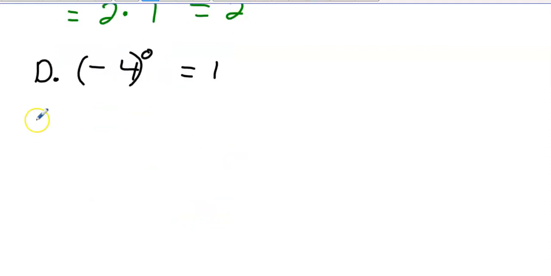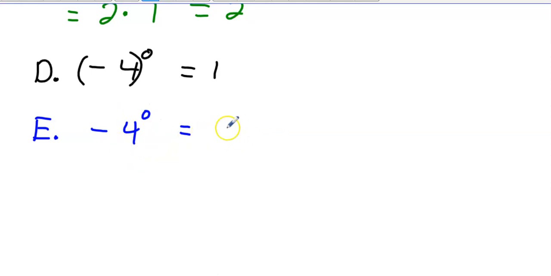Okay, here's where they get sneaky. It's negative 4 to the 0 power without parentheses. Okay, if they don't have parentheses around that one, basically you think about it this way: the negative goes on the outside.